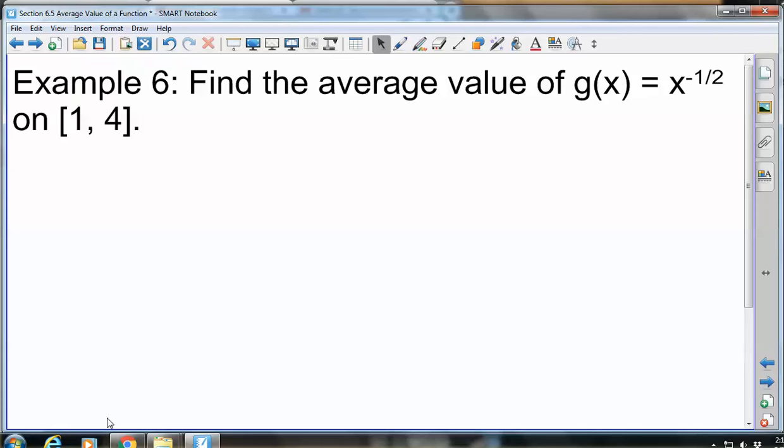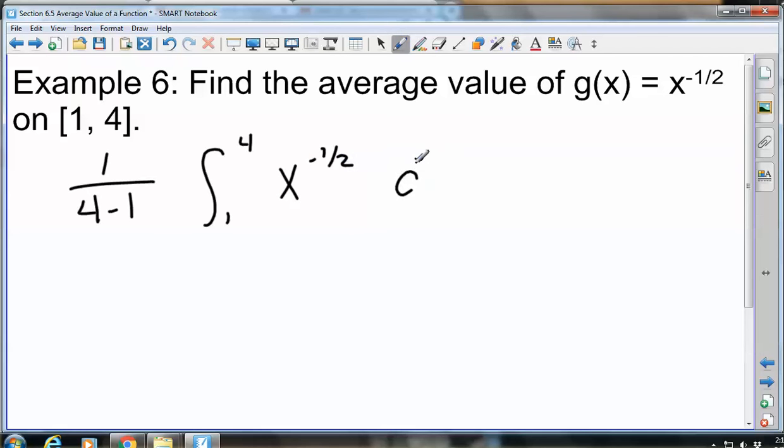Okay, so find this average value on the interval 1 to 4. So I'm going to put what out in front? So I'm just going to integrate from 1 to 4 of x to the 1/2 dx. Grab a 1/3. Add 1 to your powers, so that would be a positive 1/2, so you need 2 out in front.